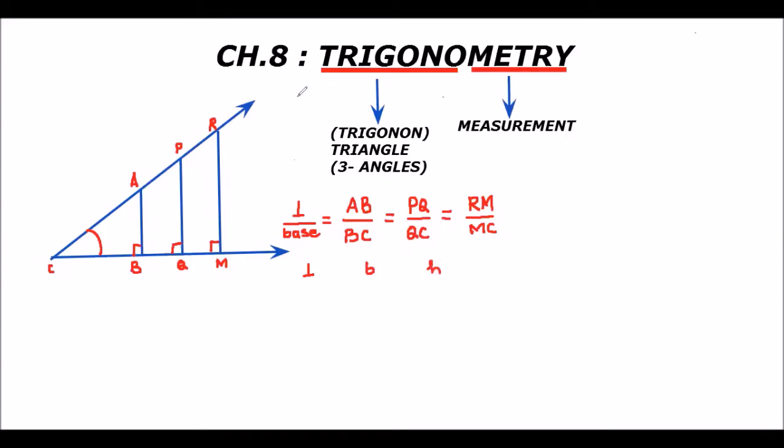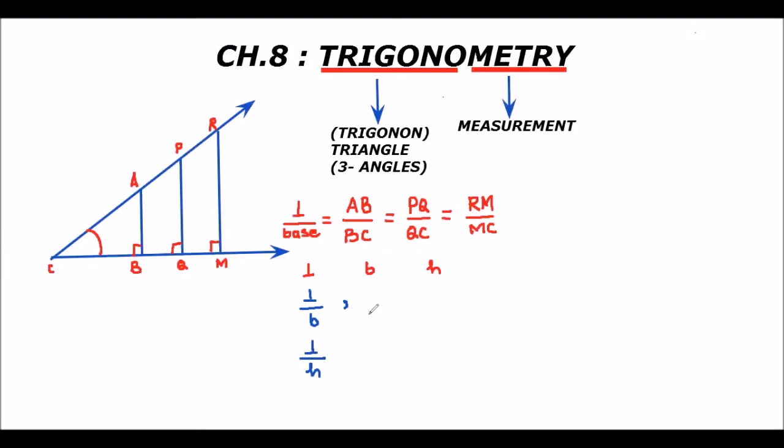So let's try making the different ratios by taking any two sides. If I take perpendicular in the numerator and divide it by base, I get perpendicular upon base. Or perpendicular upon hypot.